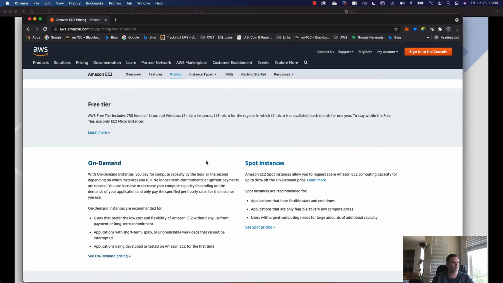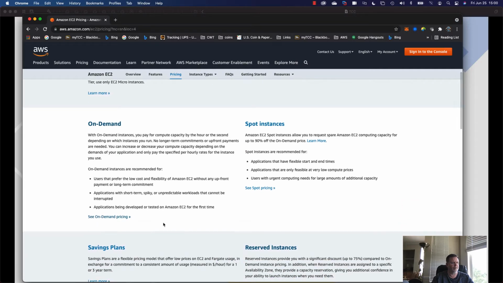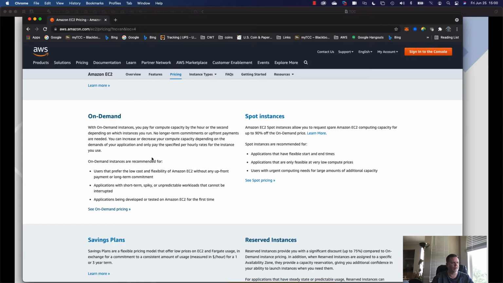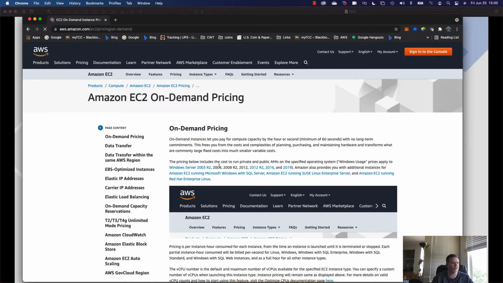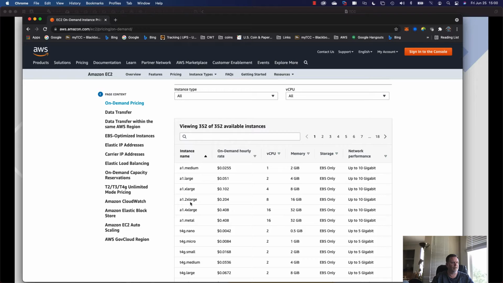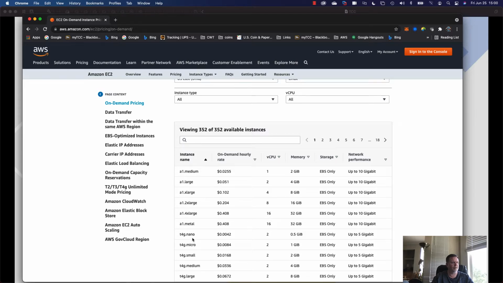And you've got some different options, and we'll get into this in more detail, the difference between on-demand and spot instances, and savings plans and reserved instances. But this is about the pricing, so we'll just go to the on-demand here real quick. And so it's got a list of different instances, the hourly rate, right?